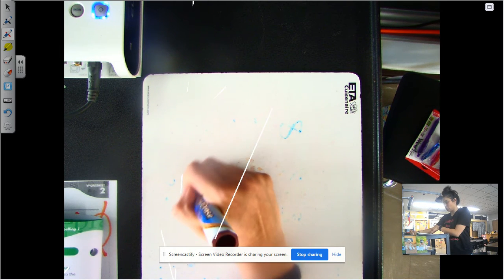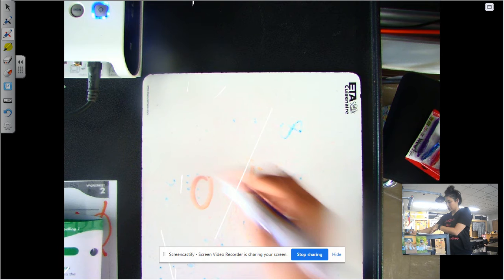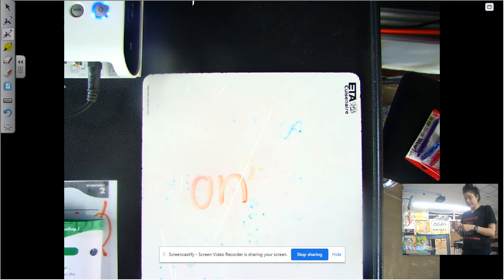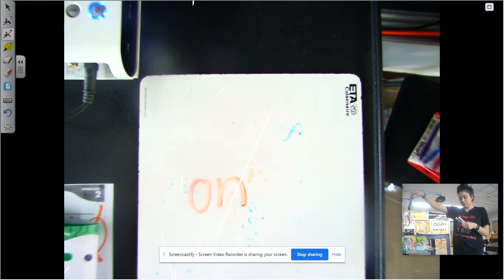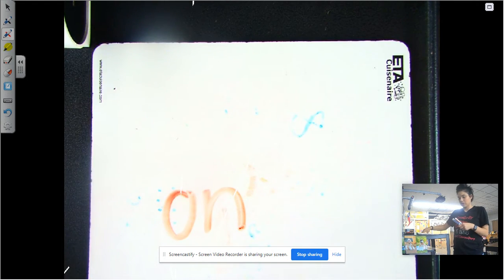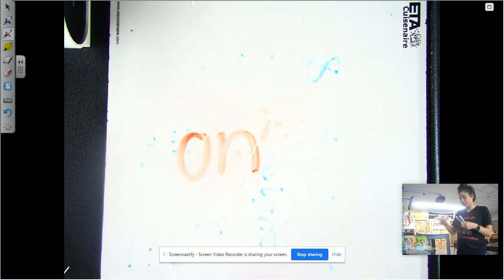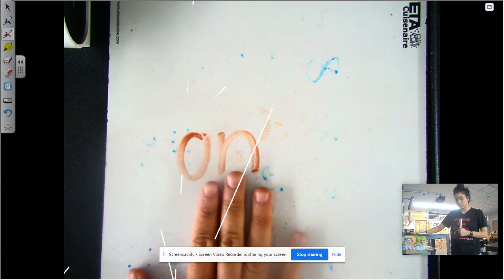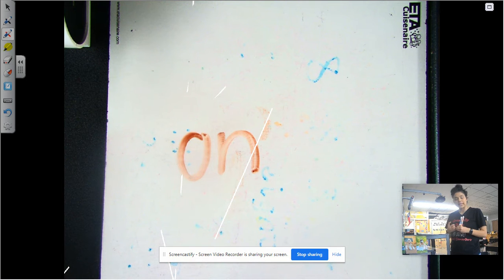Just write the O and the N. Write the O and the N, and I will zoom it in. Okay, on your whiteboard, you're going to write the O and the N. Do you see a vowel in this word? In this word right here, do you see a vowel?